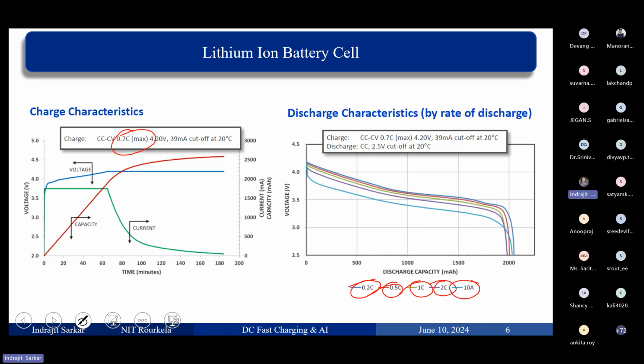So you can see here there is a significant difference in voltage. The y-axis is voltage. There is a significant drop in voltage. This drop in voltage is due to the IR drop, the internal resistance and the current supplied by the battery, and this is the voltage that you are going to get at the battery terminals.